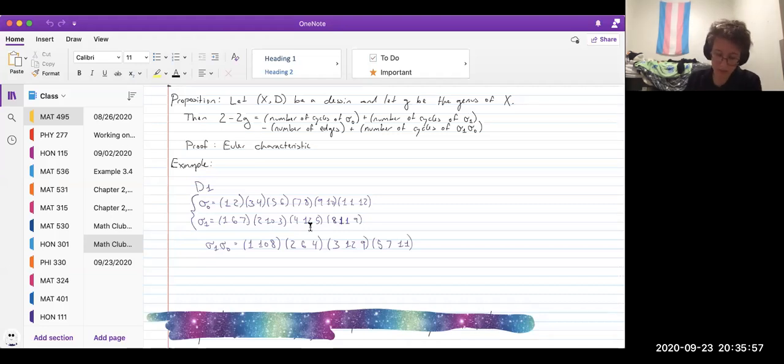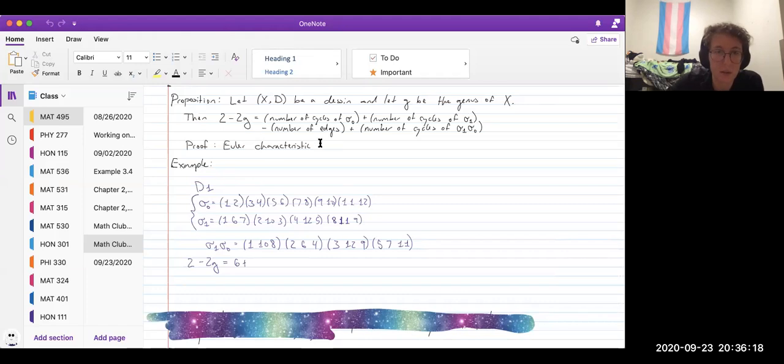Now we should wind up getting that g equals 0 if we follow through this. The number of cycles in sigma 0: just count these, 1, 2, 3, 4, 5, 6.